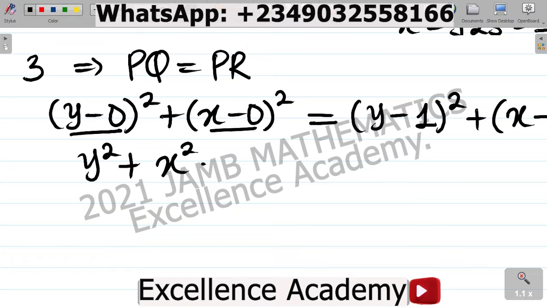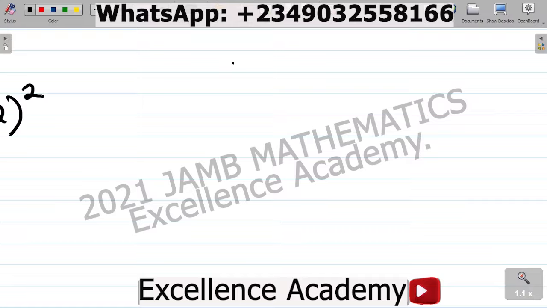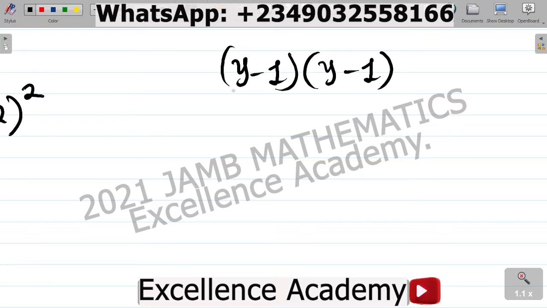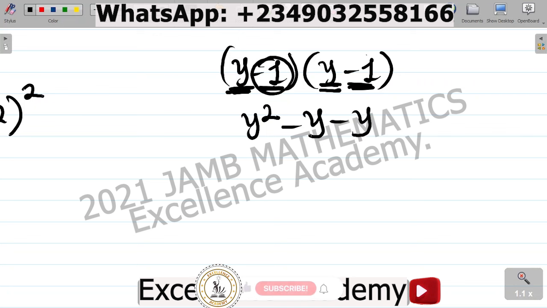So X squared is equal to, let's expand this. If you have Y minus 1 all squared, what will be your answer? It simply means Y minus 1 multiplying Y minus 1. Y times Y gives you Y squared. Y times minus 1 gives you minus Y. Minus 1 times Y gives you minus Y. Minus 1 times minus 1 gives you plus 1.